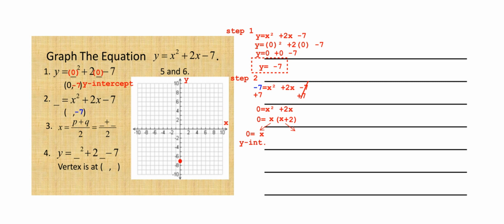But our second answer would be 0 equals x plus 2. Solving for x means getting rid of the 2, so minus 2 from both sides. The 2's cancel out on the right side, giving us that x equals negative 2. Hey, look at that. There is our symmetrical point, the x value of it at least, because the negative 7, we already knew that.